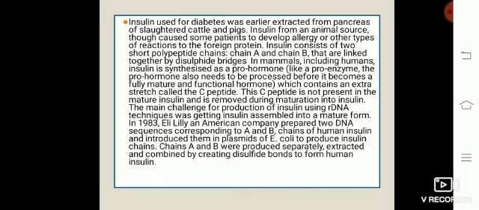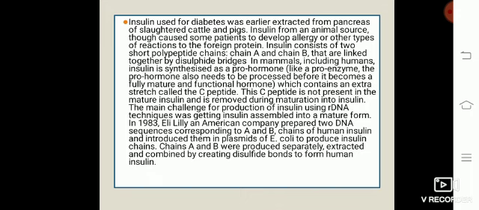In mammals, including humans, insulin is synthesized as a prohormone, like a proenzyme. The prohormone also needs to be processed before it becomes a fully mature and functional hormone, as it contains an extra stretch called C-peptide. The C-peptide is not present in mature insulin.